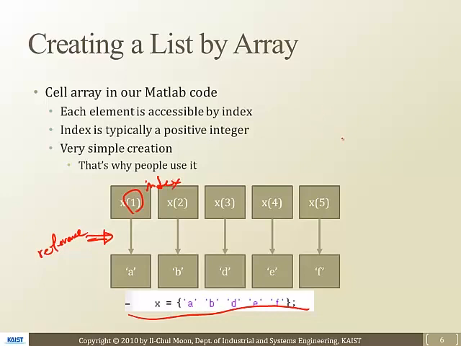You write some matrix name and parentheses, and if you put a number here, it means let's go to the nth element of a certain vector. So it's very easy. And the index should be a positive integer, right? Very simple creation. You can do it like this, and actually that's why people use it. So the set array works fine. Really? Okay, so let's see this.